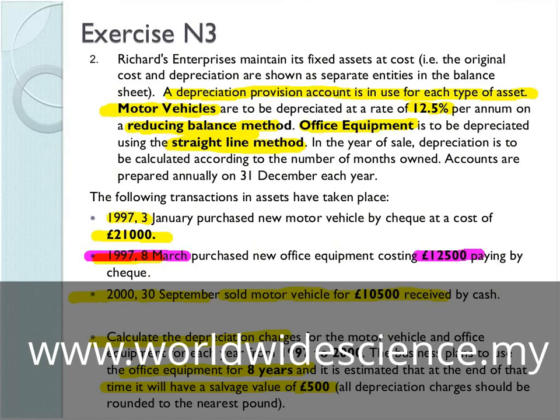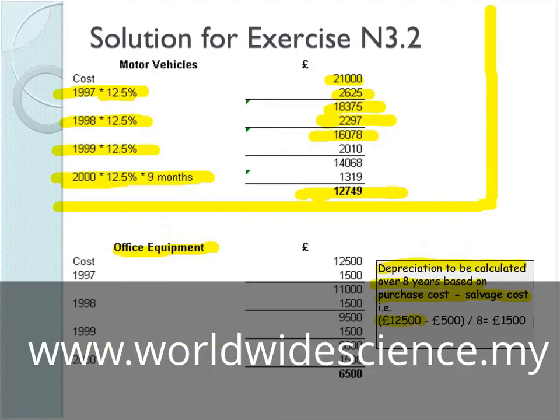This is the cost of the equipment, and minus 500, which is the salvage value. We have some value at the end of usage. We must deduct it and divide by 8 years. And then we will get the depreciation for each year, which is equal to 1,500. So I think this box is clear, yes?